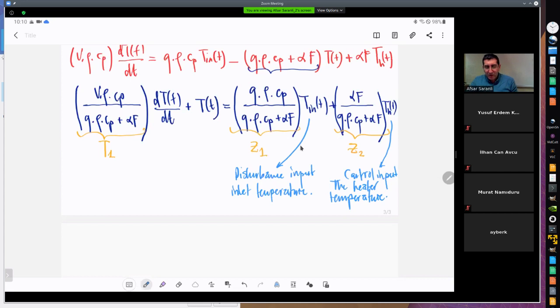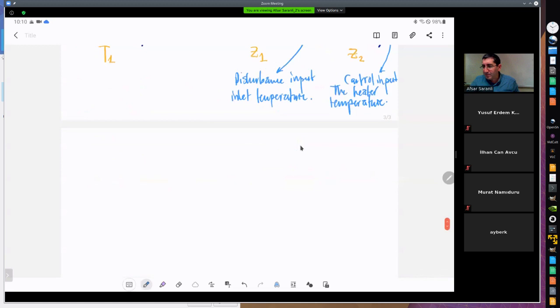Okay, so this gives us our simplified differential equation. Sorry, I also have plus T(t), and that is equal to Z1 times T_in(t) plus Z2 times T_h(t).